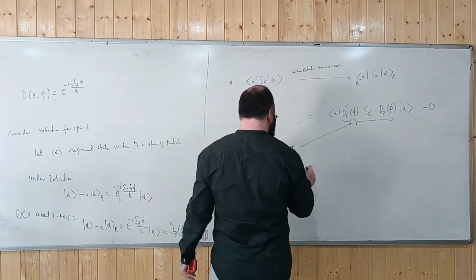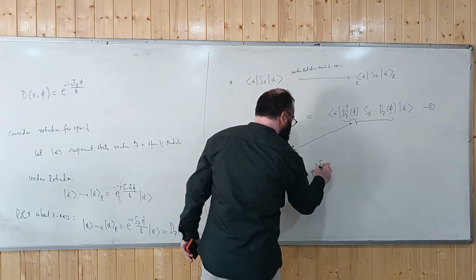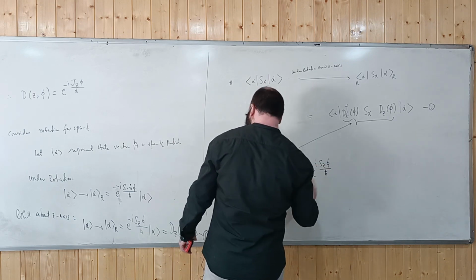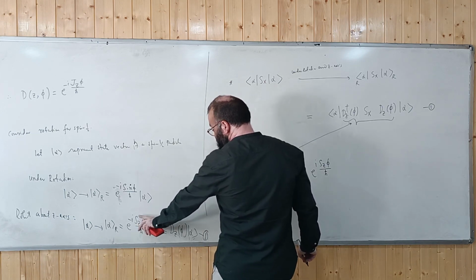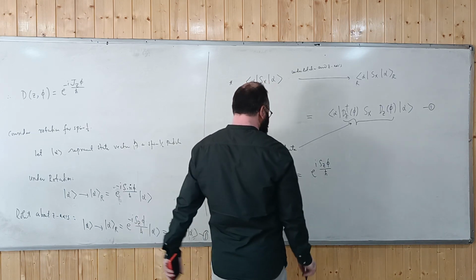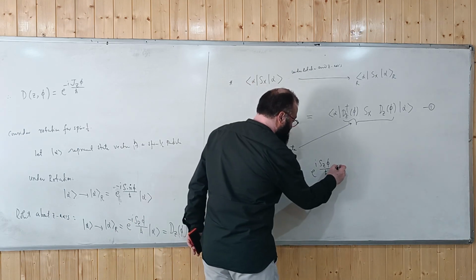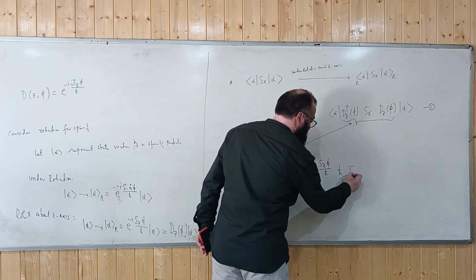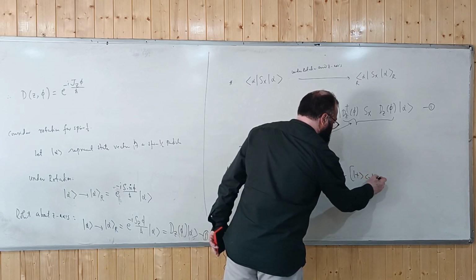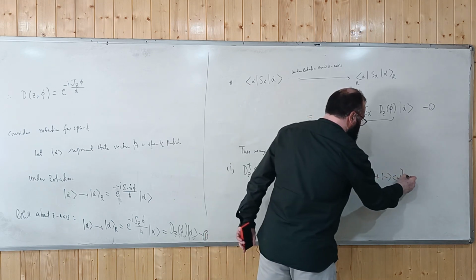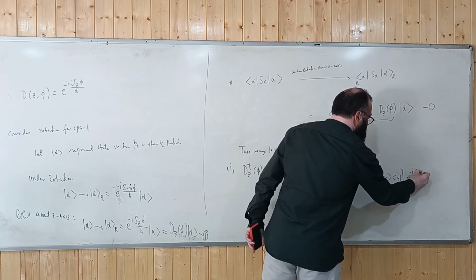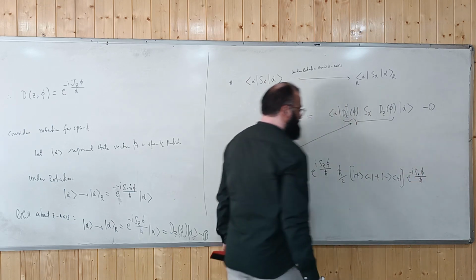Let's write D dagger first: it is e raised to i Sz phi by h cross, because Sz is Hermitian, Sz dagger is Sz, and minus i dagger is plus i. So Sx is actually h cross by 2 times plus-minus plus minus-plus, and then you are having e raised to minus i Sz phi by h cross.